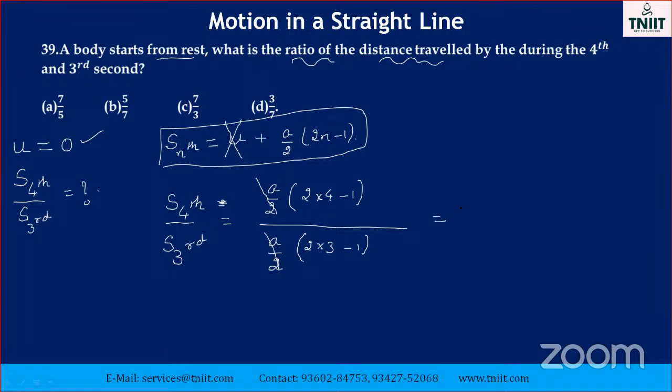So this is equal to 2 into 4 will be 8 minus 1 divided by 6 minus 1, which is nothing but 7 divided by 5. So what is the distance traveled in the 4th second to the distance traveled in the 3rd second? It is the ratio of 7 is to 5, 7 by 5. So option A is the right answer.